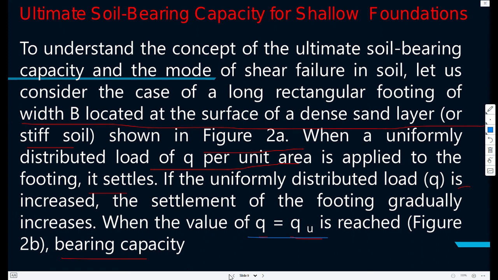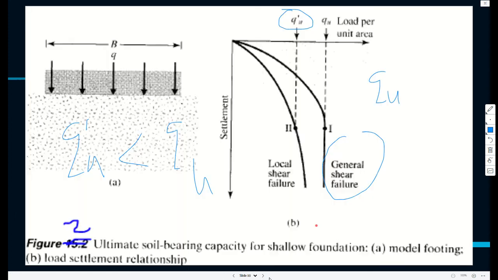Bearing capacity failure occurs because you can see the settlement is increasing too much. It's like you have lost the strength. The shear strength has been lost, and then there's no more strength. So the foundation is just sinking uncontrollably. That's what we are saying.